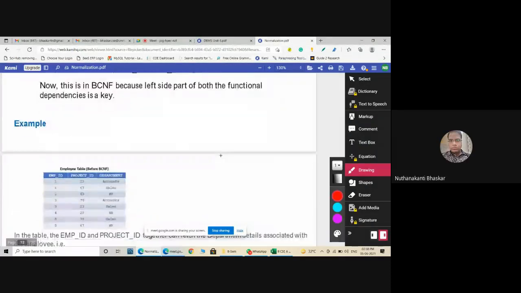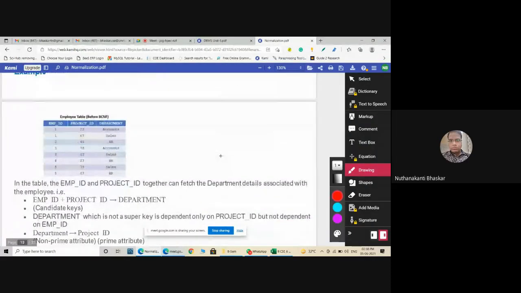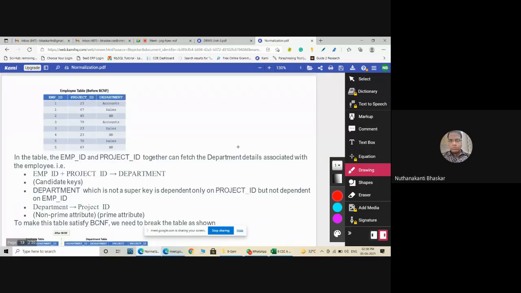Don't confuse, it is a simple mechanism. One more example I will show you. Here employee table: employee ID, project ID, department. If you observe the candidate keys, employee ID and project ID determine department, because here there is no dependency.